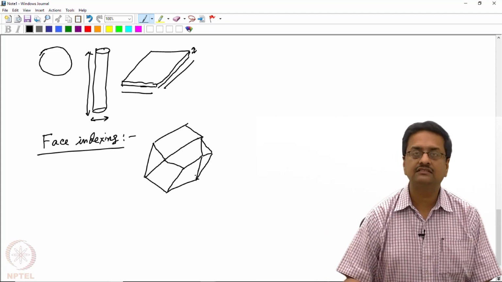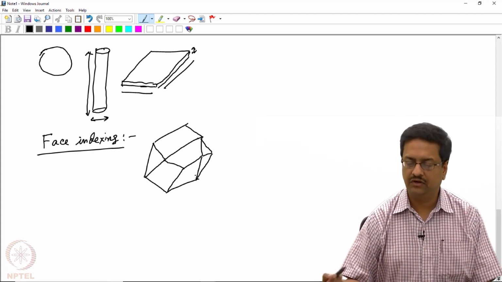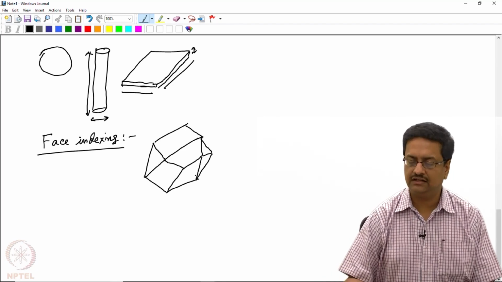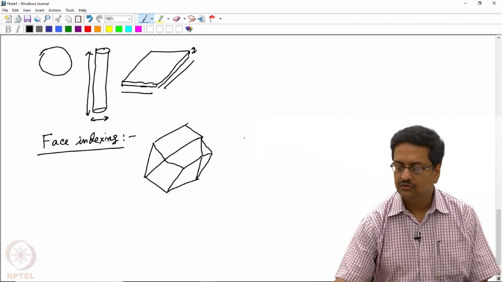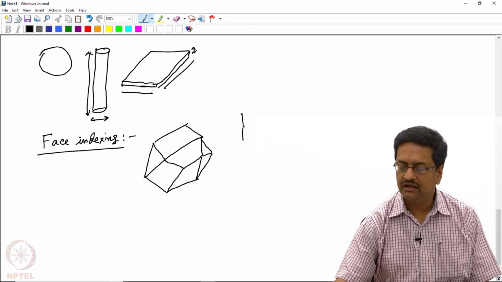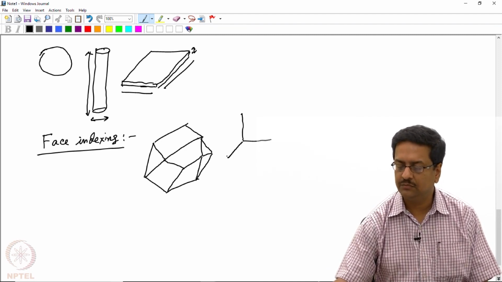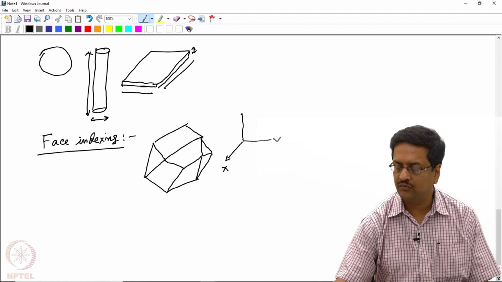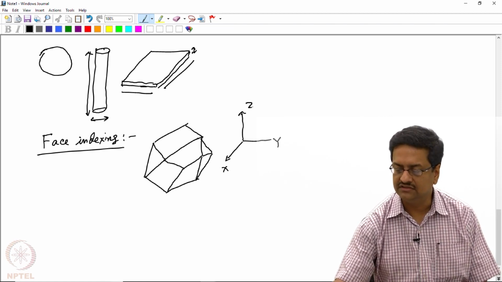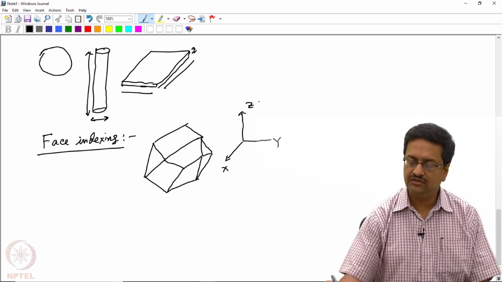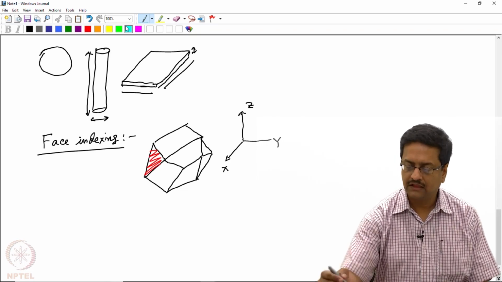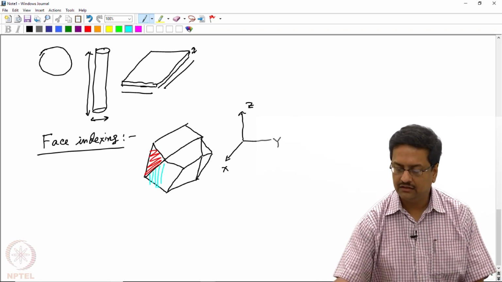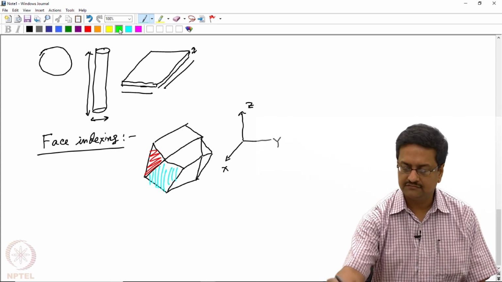So this irregular shaped crystal, when mounted on the diffractometer, we have collected the data, and then one can find out the actual orientation of the crystal with respect to the beam and identify which is x, y and z direction, and then eventually can identify each and every exposed face by the corresponding Miller indices.